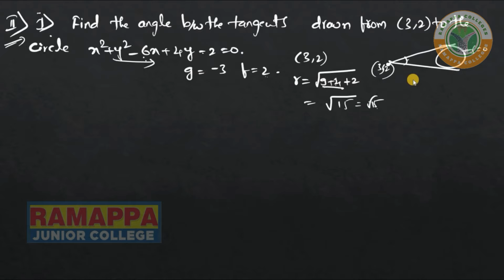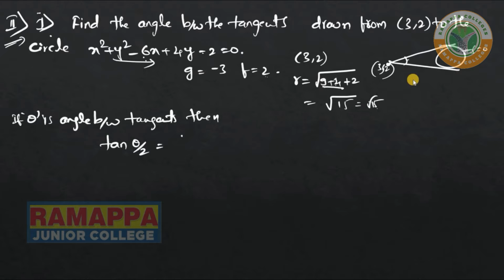If theta is the angle between the tangents, then the formula is tan(theta/2) = r divided by the square root of S11.